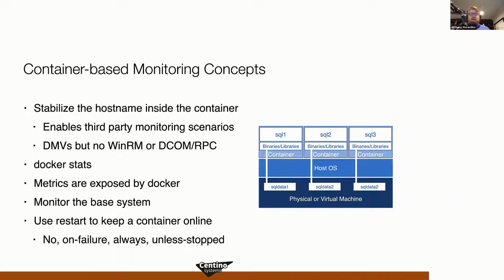Well, if you run a restart policy of on-failure, if that container crashes, it'll automatically get restarted. Or always, if that container shuts down, regardless of how it shuts down, it'll get restarted. Or unless-stopped, it'll always restart that container, whether it's crashed or the system rebooted, unless you came along and said Docker stop. And so those are pretty valuable ways to keep that container online outside the lifecycle of your underlying OS or the processes itself.